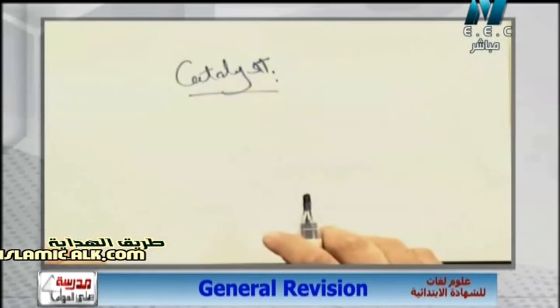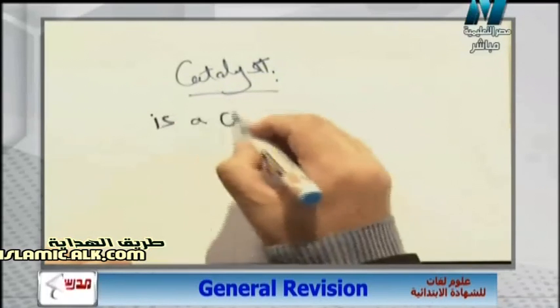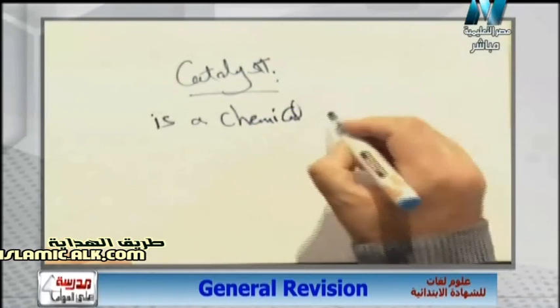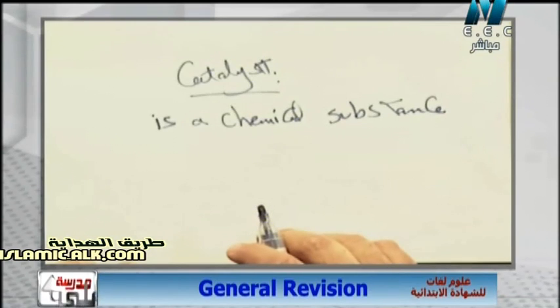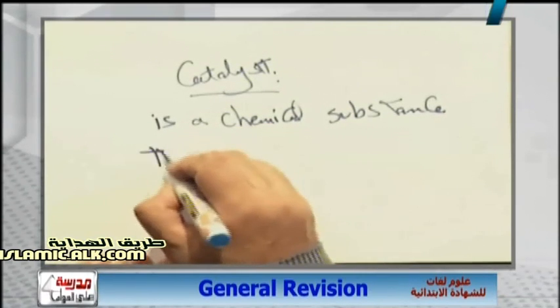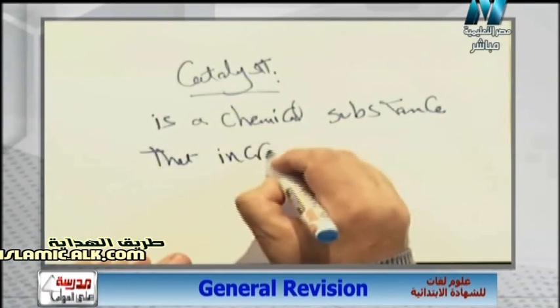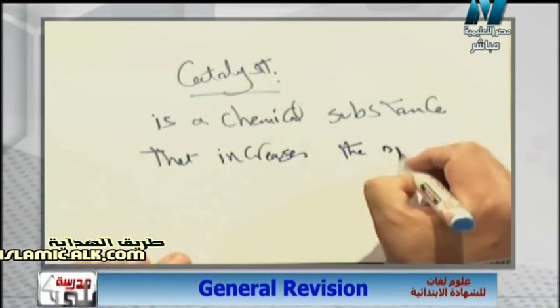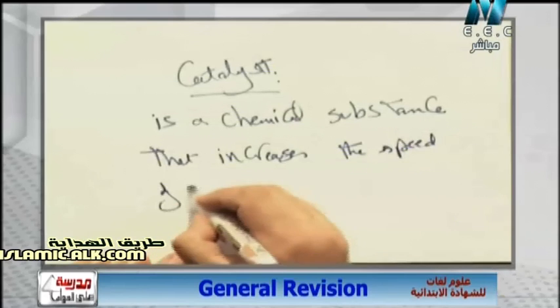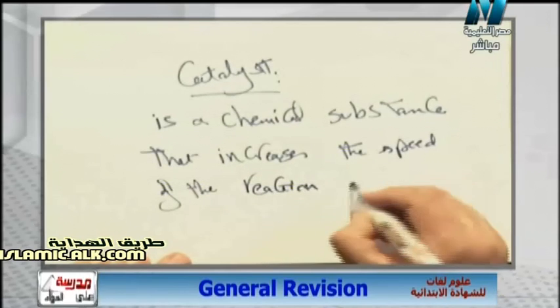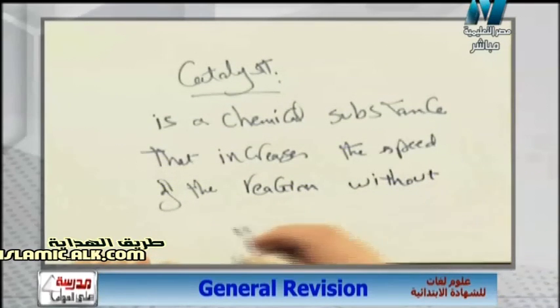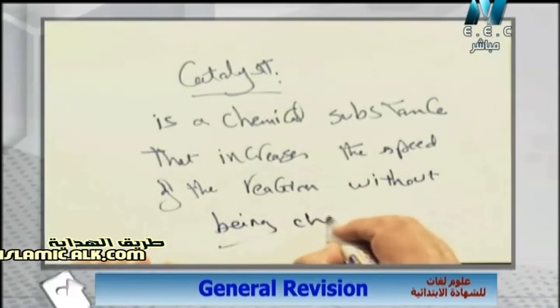So I can write this. Catalyst, let's write together. Catalyst is a chemical substance that increases the speed of the reaction without being changed, without itself changing.